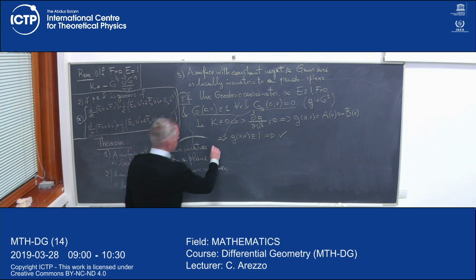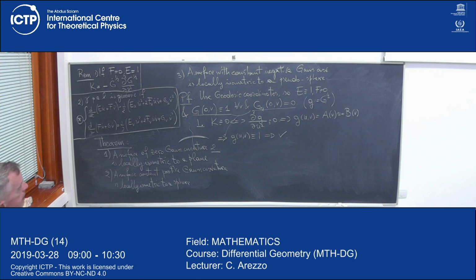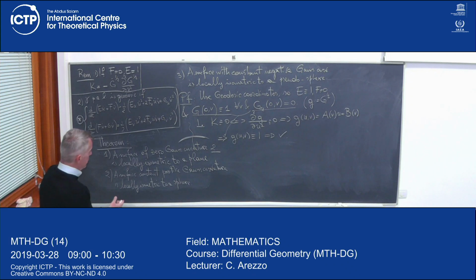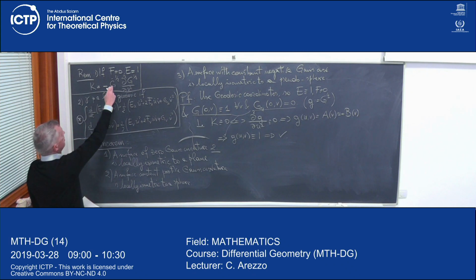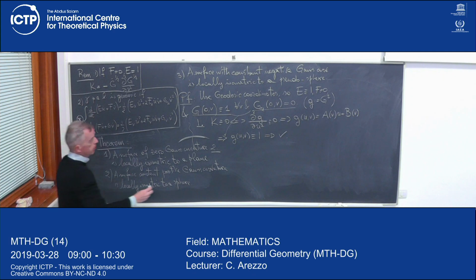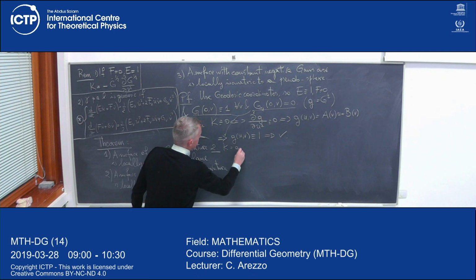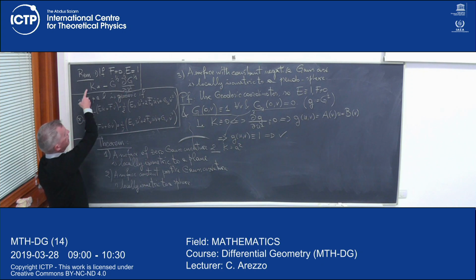The philosophy is always the same. Now what happens if I take positive Gauss curvature? Positive Gauss curvature becomes this. Let me call it a squared, so K is equal to a squared. I look at the formula and multiply by g to the 1/2.